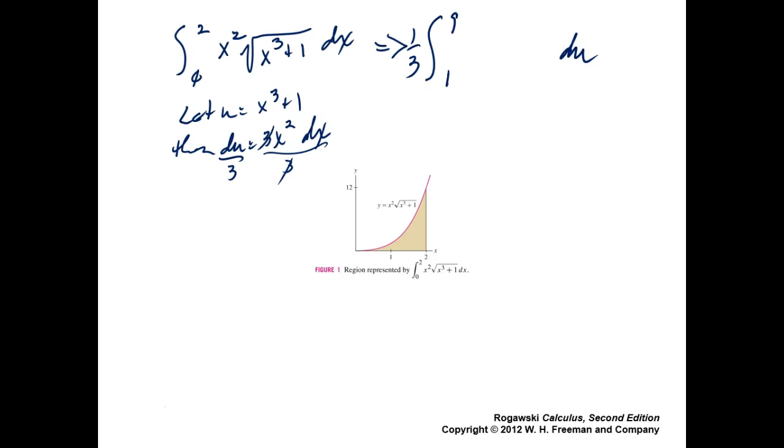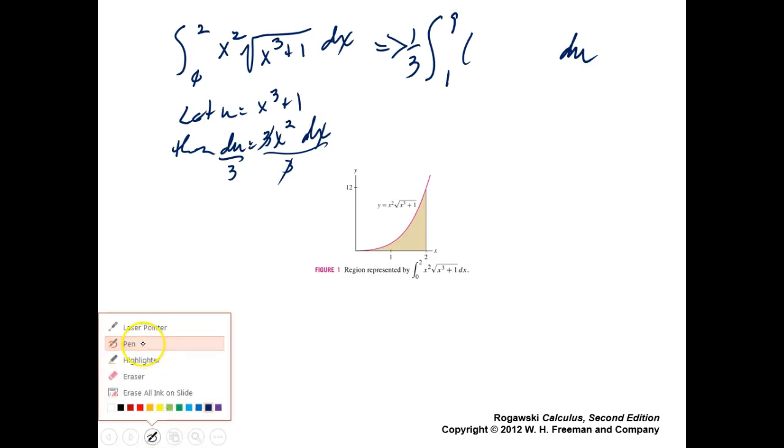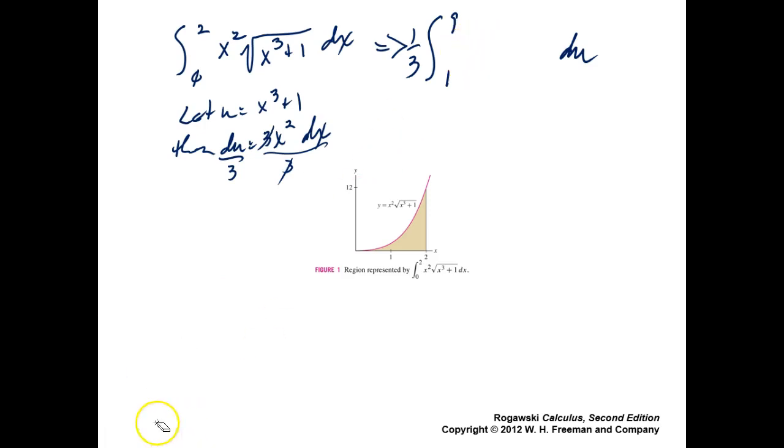The x squared was already incorporated there. But rather than writing a square root, I'm going to write it as u to the 1/2, because it's that thing to the 1/2 power, but that thing is u. There it is, right?